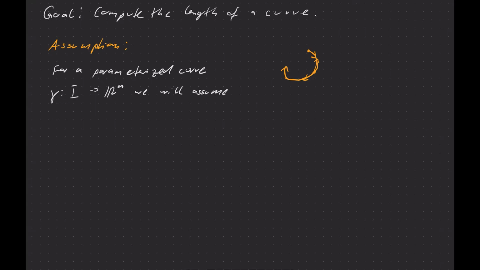We will assume gamma dot of t is not zero for all t in I. And this is an assumption we make in this video only for the moment.